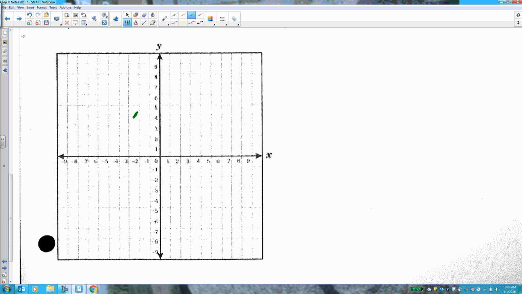And then -1, 3.5. 0, 3. They should be making a straight line if you've done it correctly. 1, 2.5; 2, 2; 4, 1. And then you're just going to connect them with a straight line.